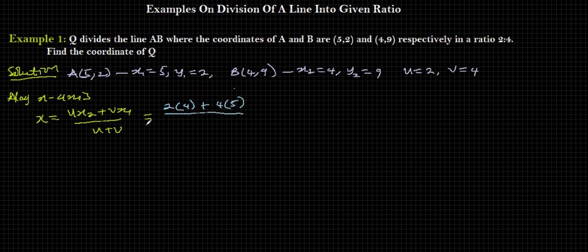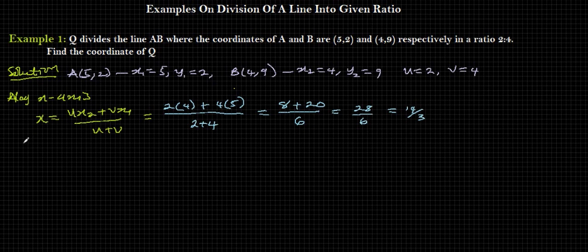This is all divided by u plus v, which is 2 plus 4. So 2 times 4, we have 8, plus 4 times 5, we have 20, divided by 6, which is 28 divided by 6, and this is equal to 14 divided by 3. That is along the x-axis.